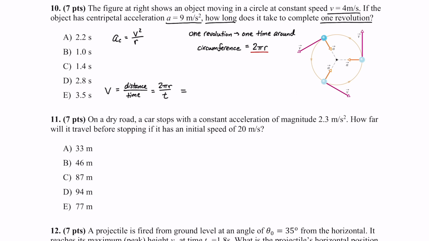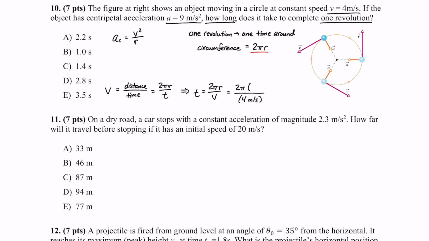We can solve this equation for time, so we'd have 2 pi r divided by the speed, and if I know what my radius is, I could use that along with all of the other information I'm given to solve for the time.